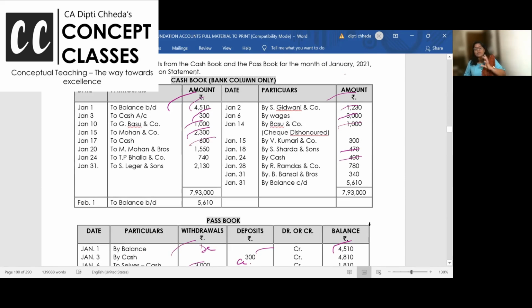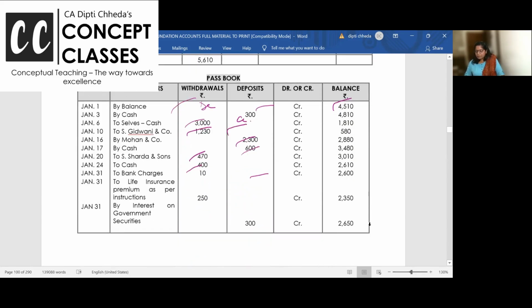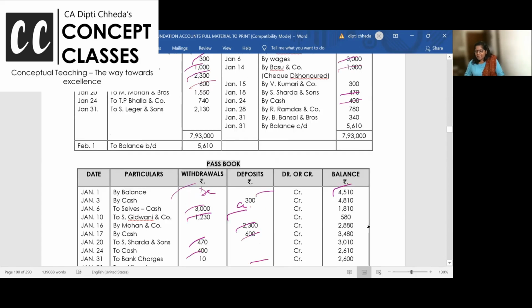Cash book and passbook were given for the same amounts. Cash book and passbook both are given in the same month.